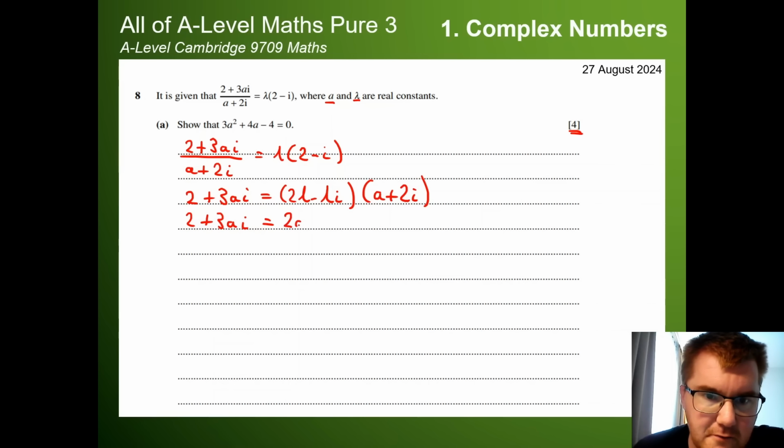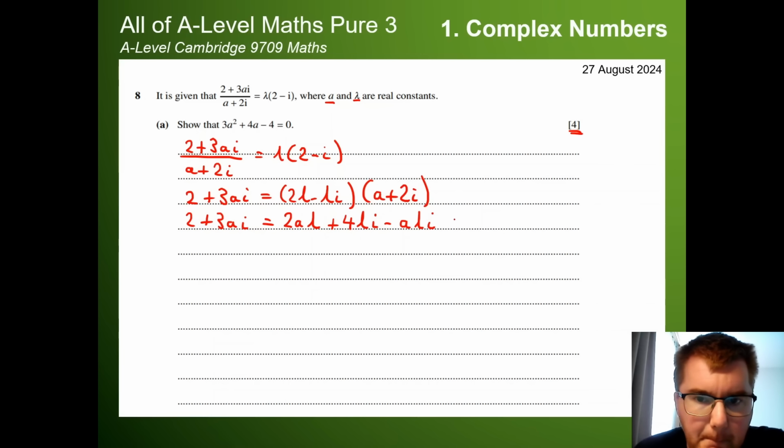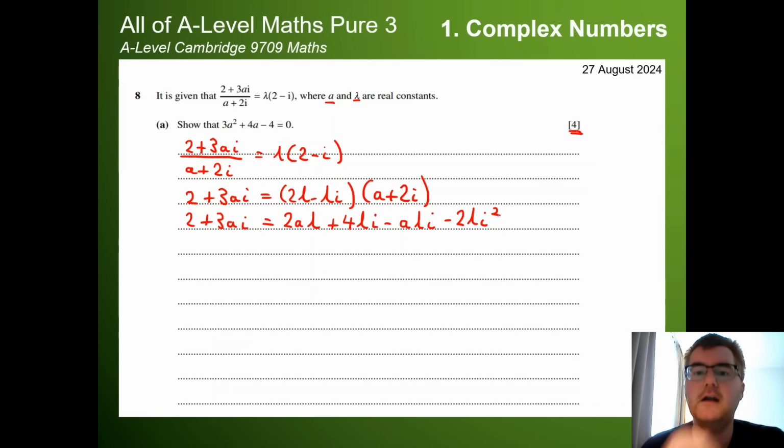So we have 2a lambda, plus 4 lambda i, minus a lambda i, and then we've got minus 2 lambda i squared. Okay, and now we just continue. Again, just take it nice and calmly.